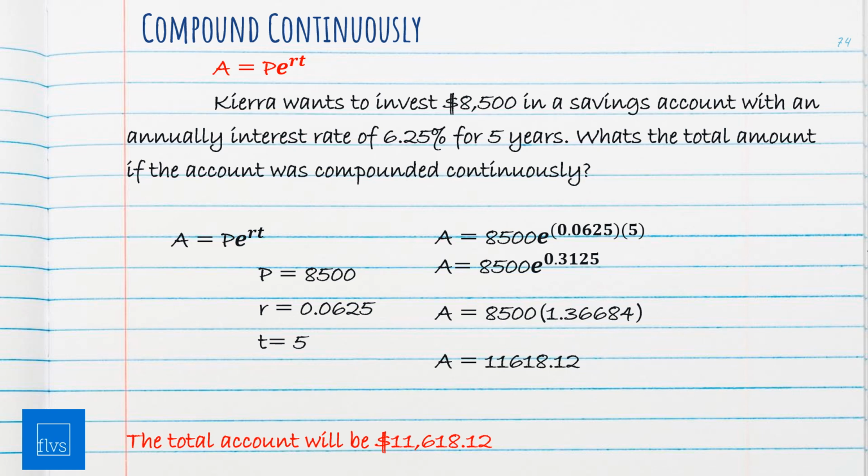So the total account will be 11,618.12. So you can see that working this out, as long as you understand that E button, it could be a little bit easier than compounded monthly, quarterly, yearly, those types of problems. So whenever you see compounded continuously, you're going to use this formula.